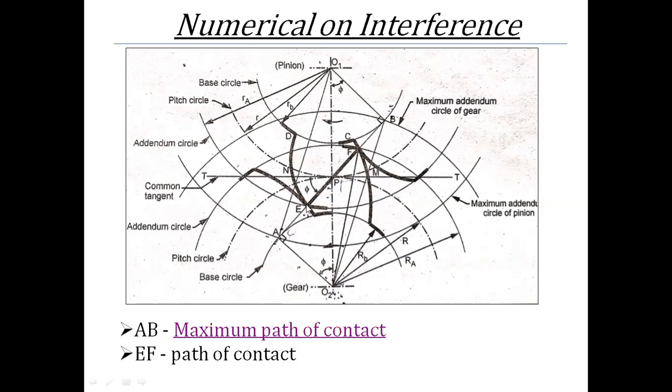The same thing happens here also. When EP, the path of recess, is greater than PA, beyond A it will start digging the involute profile and move inside the base circle of the gear. So A and B are the points of interference. Beyond those points, interference will take place.